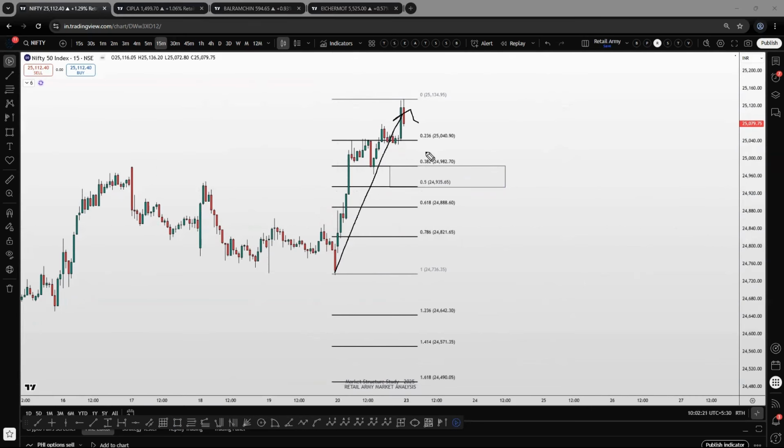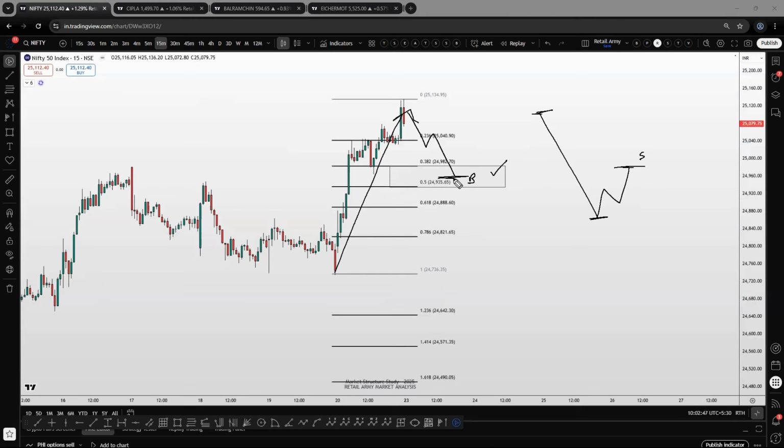Then after a sharp move, whether it's a down move, I'll draw the down move on the side, what you need is a pullback in the market. Now with this pullback, you want to find out whether it is just a buy on dip scenario. In case of a bearish move, you want to see if this is a sell on rise scenario. This 38 to 50% zone will tell you what to do.